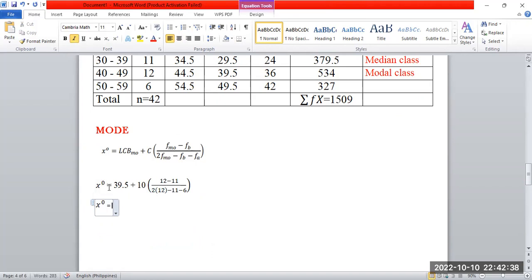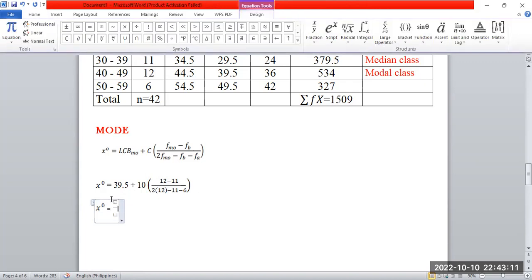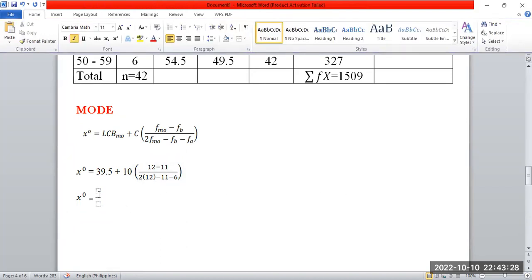Okay, so x raised to 0, or the min, is equal to 39.5 So 39.5 plus 10 times 12 minus 1 divided by 2 times 12 minus 11 minus 6.